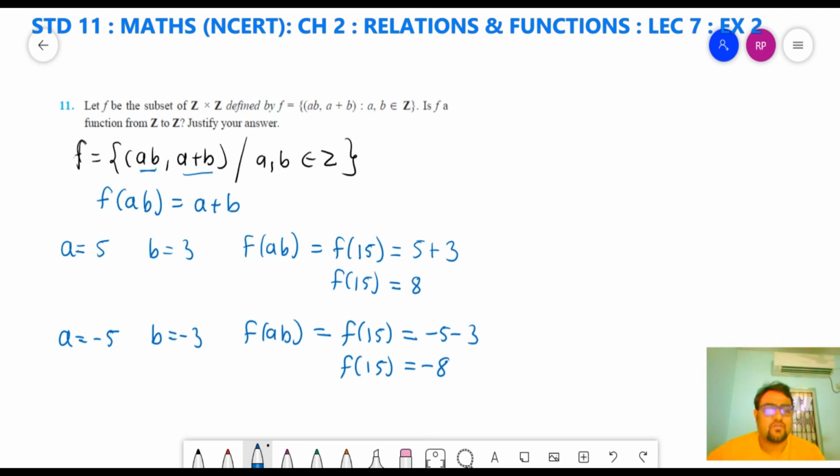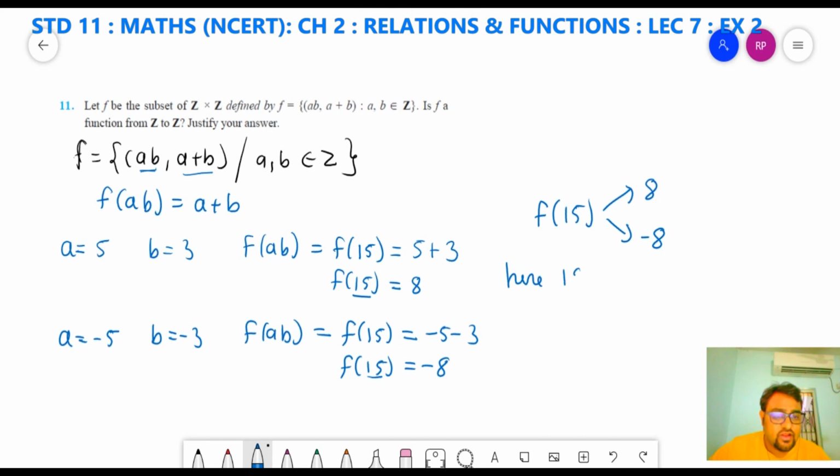Now see here, 15, 15, right? Same, but there are two different images. Meaning when I take f of 15, I get two images, plus 8 and minus 8. But what was the criteria of function? It should have only one image, right?